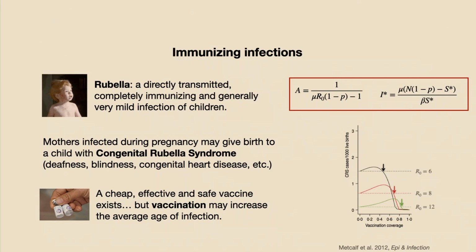If R0 is high, then you're in a world where your burden in the absence of vaccination is actually quite low, because everyone's getting infected super young, like age 5, age 6, age 7, and then they're protected for life. But what you have to do to make things better is actually really enormous. Like you have to vaccinate like 80, 90% of the population. And this is again because it's actually really hard to interrupt transmission of really fast transmitting infections.